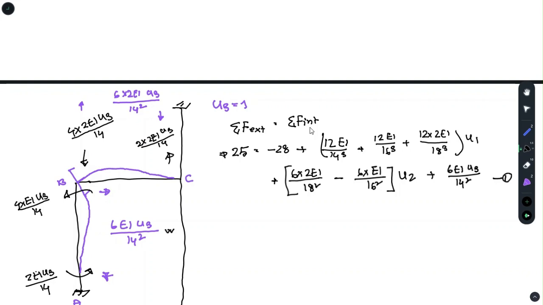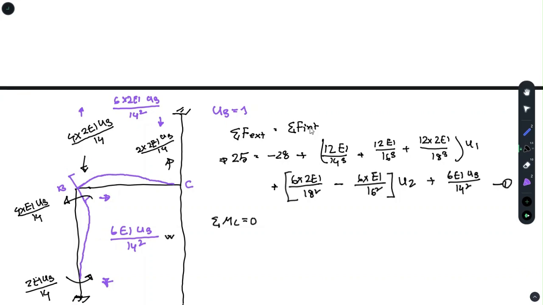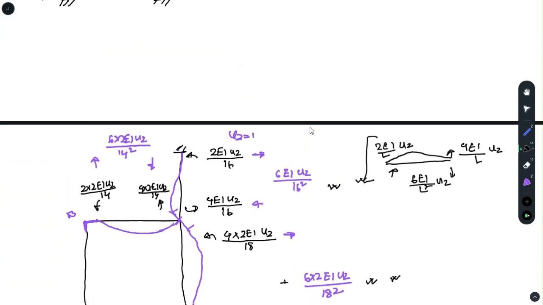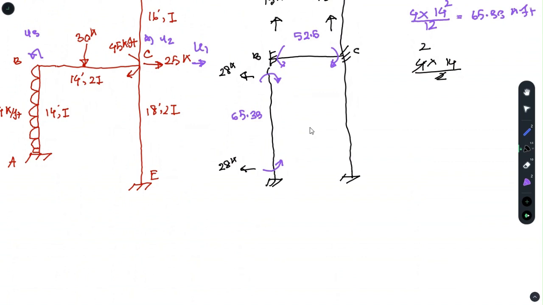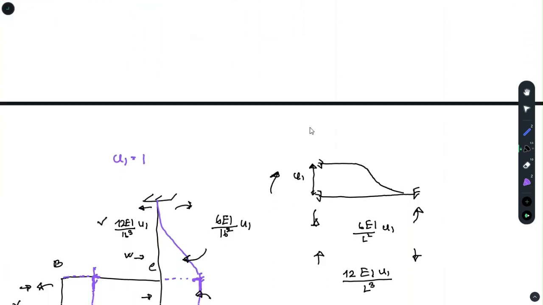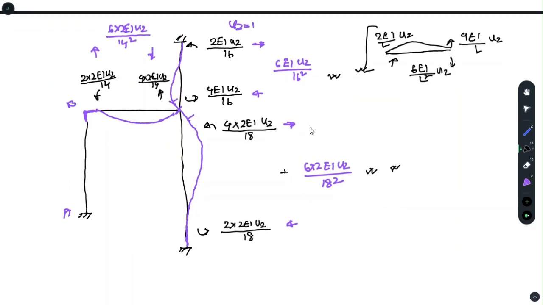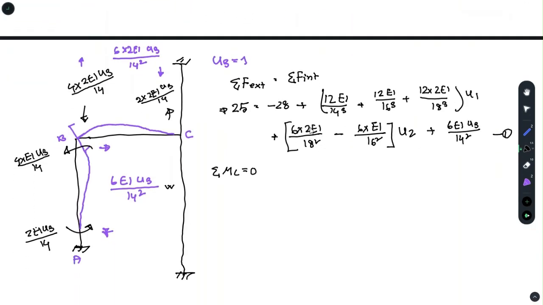So let's say at point C, the summation of moments is equal to zero. So we have external moments and internal moments. At point C, we have an external moment of 45 foot-kips. It is given, which is this, and it is clockwise. So the external moment is clockwise 45, and is negative since we're considering anticlockwise moment as positive. It is the external moment in the right hand part.